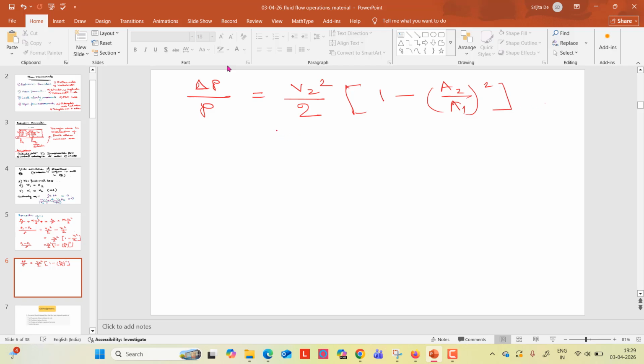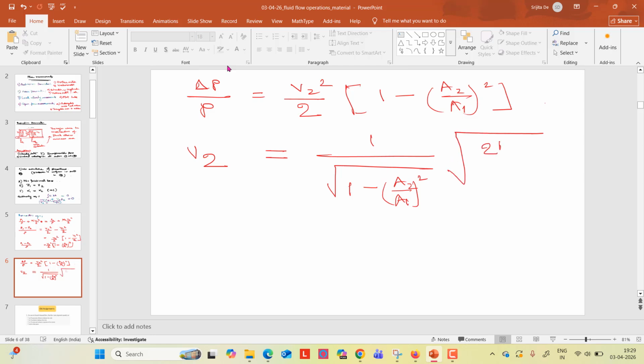Now if we want to solve for V2, V2 will be 1 by root under 1 minus A2 by A1 square into root under 2 delta P by rho.